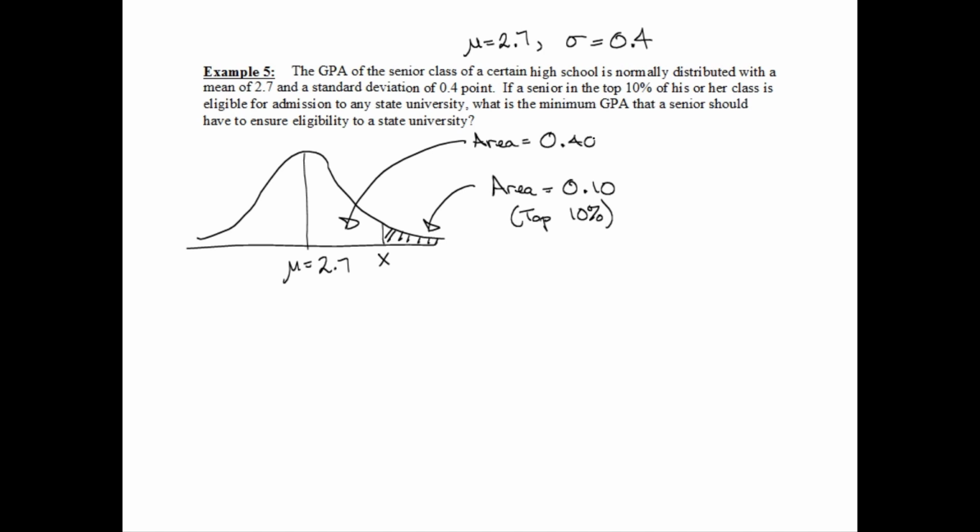Okay, because the entire curve, the area underneath it is 1, therefore the area underneath the top half is 0.5. So the 0.4 plus the 0.1 have to add up to 0.5. So what we need to do is look in the table for a z-score that gives an area close to 0.4.